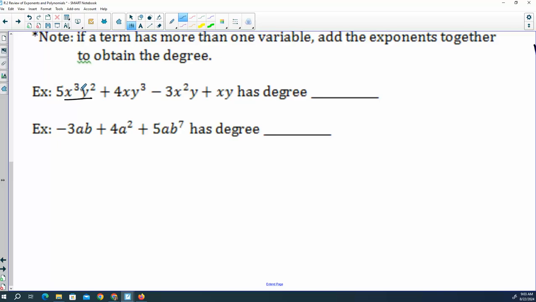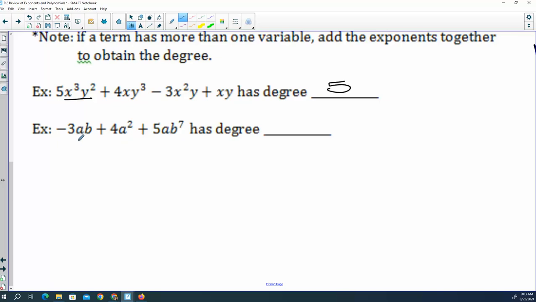So altogether, that would be 5 variables. This one would be 4. This would be 2. We take the biggest. So the biggest would be 5. So when they're multiplied, you add it all together, but when you're looking at the individual terms, you just give me the highest term.